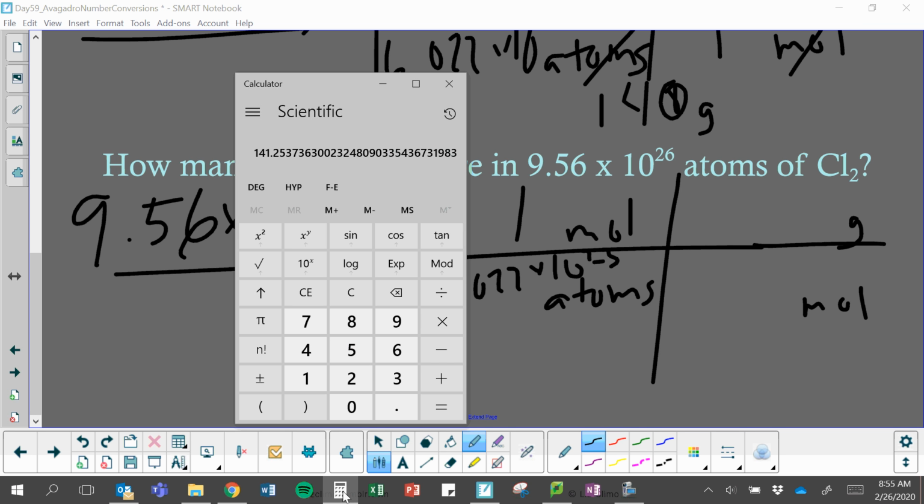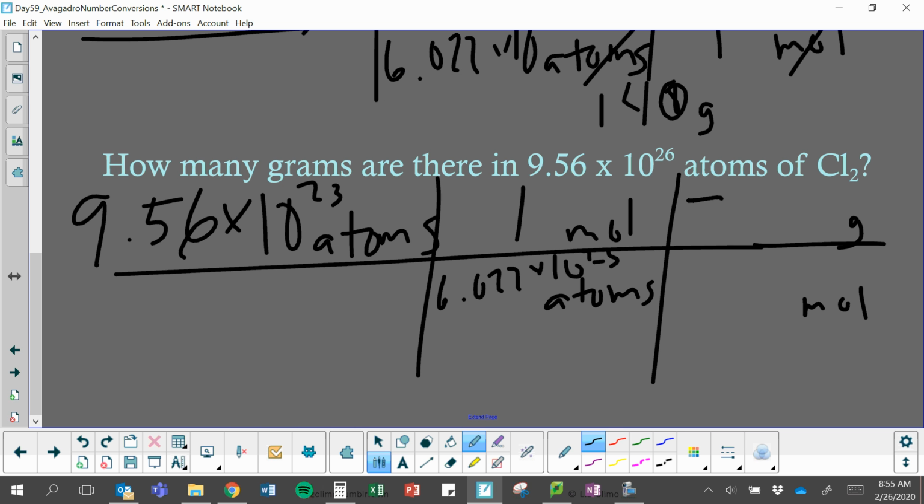So chlorine, there are 2 because chlorine is a diatomic element, and our mass of 1 chlorine is 35.45. So that means our total mass is 70.9 grams per mole. So our atoms cancel, our moles cancel, we're left with grams.